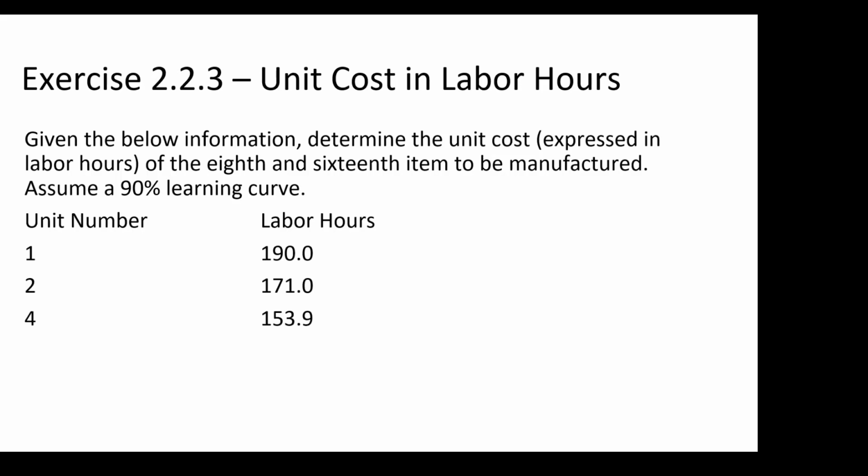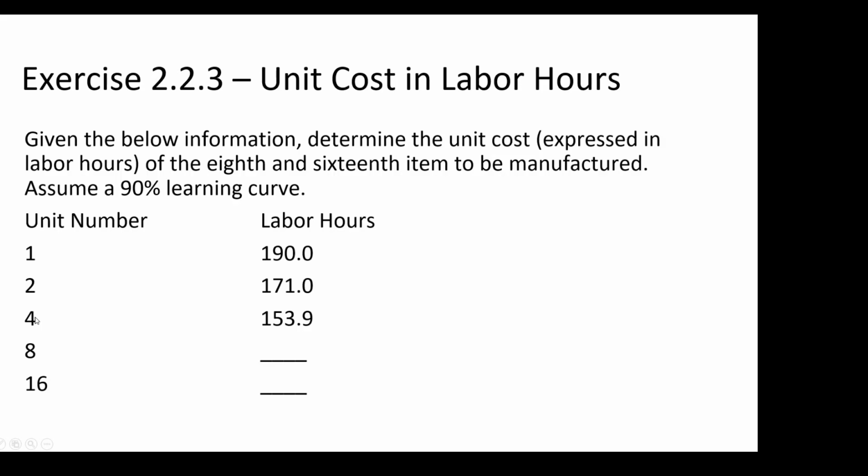So let's go through all the units. To double from 1 to 2, 2 to 4, 4 to 8, and 8 to 16. It asks you to fill in the 8 and the 16 units. What this is saying is it will take 153.9 hours to make unit number 4.